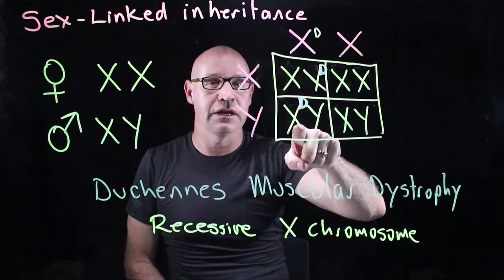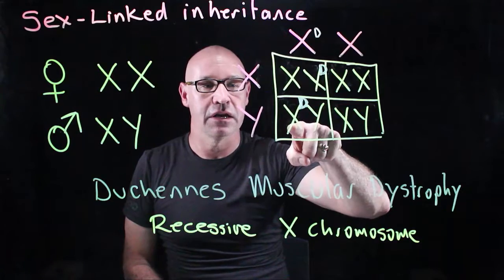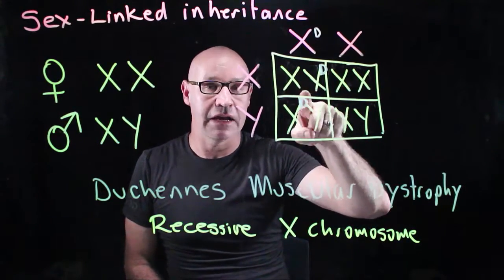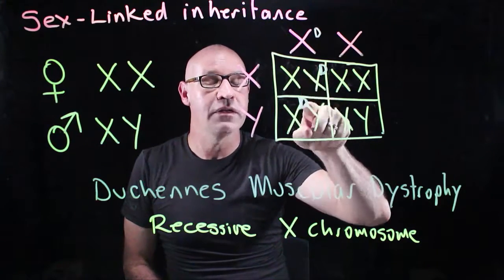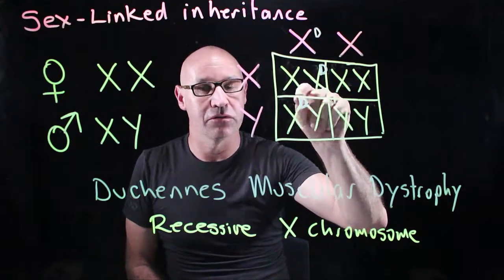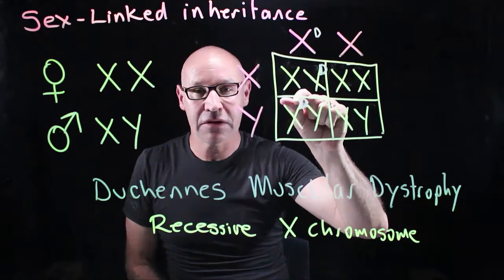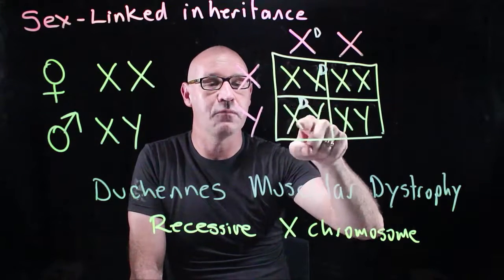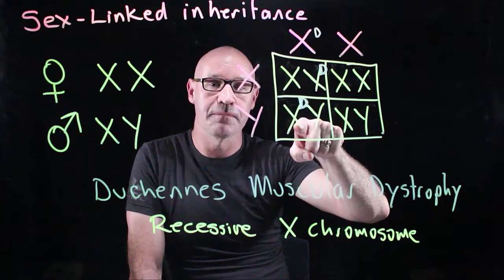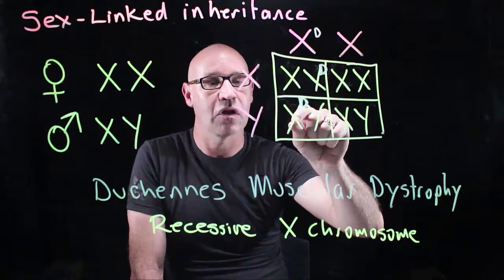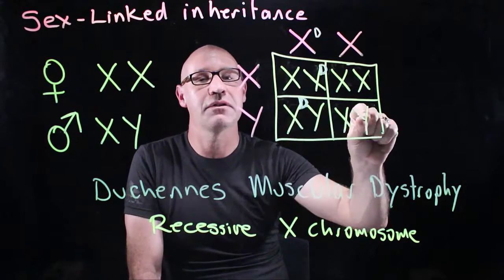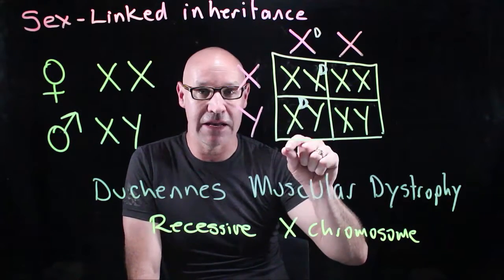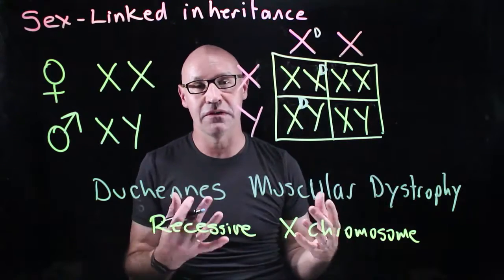And importantly, whilst it's a recessive gene, this male child does not have another X chromosome with the dominant allele that's not diseased. And this is the important thing about sex-linked inheritance: when we have a recessive disorder on an X chromosome, it's always the males that suffer the condition because they don't have another X chromosome to compensate.